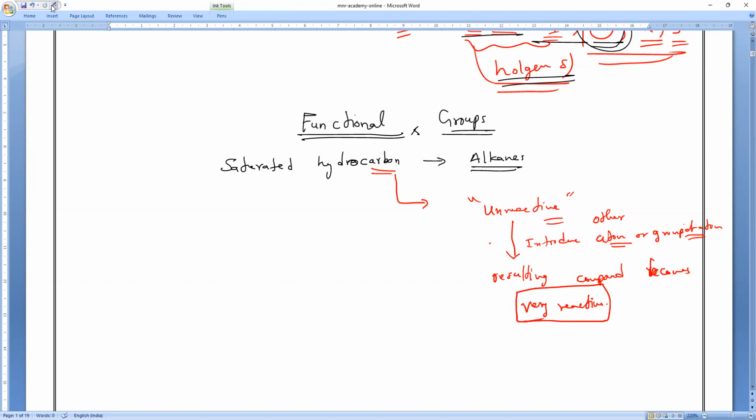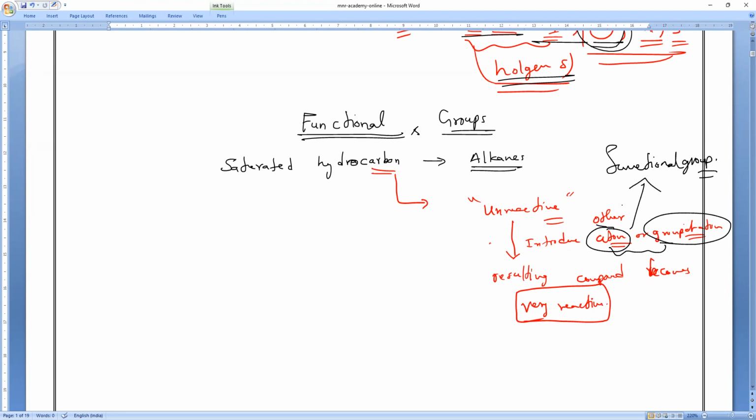So what is a functional group, sir? This introducing of an atom or a group of atoms is what we call a functional group. An atom or a group of atoms which makes the carbon compound very reactive and decides the properties of the compound is called a functional group.